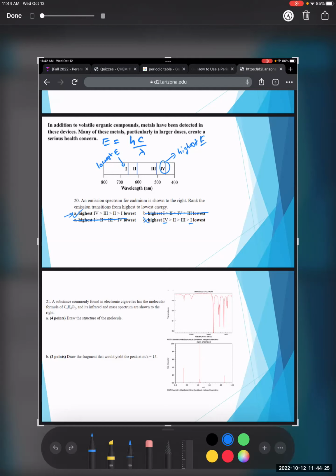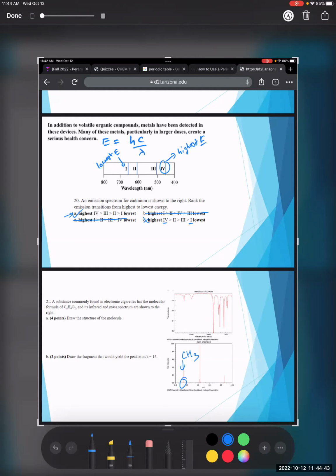Well, anyway, according to what we are seeing, we have a fragment at 15, which means we have a CH3, and we know the molecular formula as well.